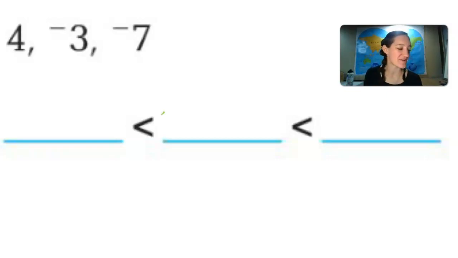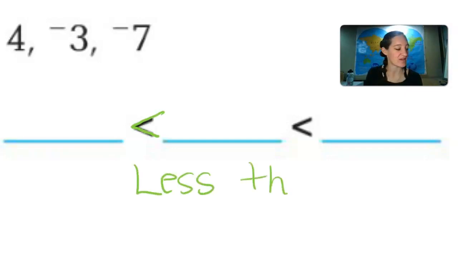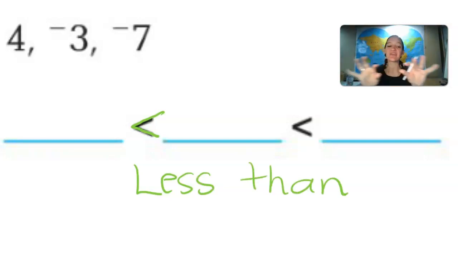Well, let's first notice that this looks like an L, doesn't it? So it's the less than symbol. So we want the smallest on the left. So if you can look at your number line in your notes, if we're looking for the smallest, which one is then the biggest negative? Because the biggest negative is actually the smallest number.